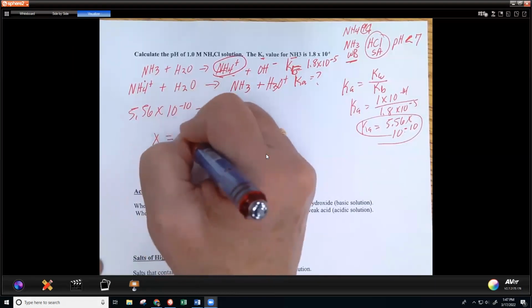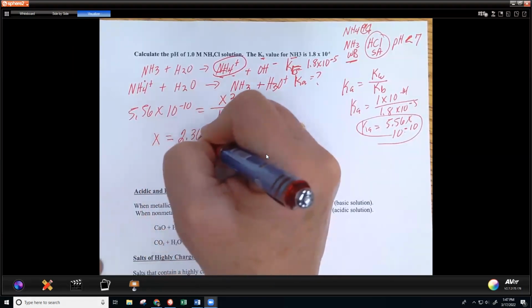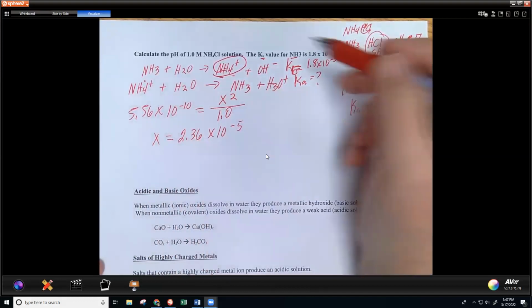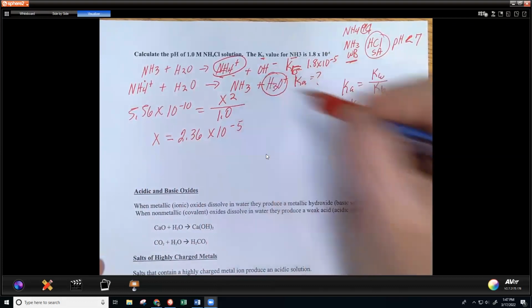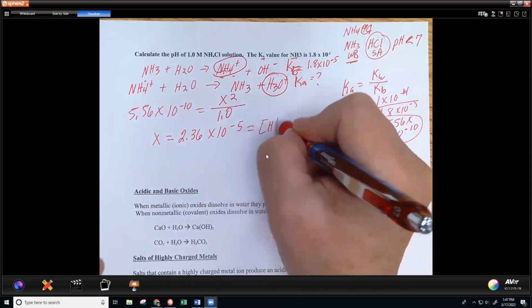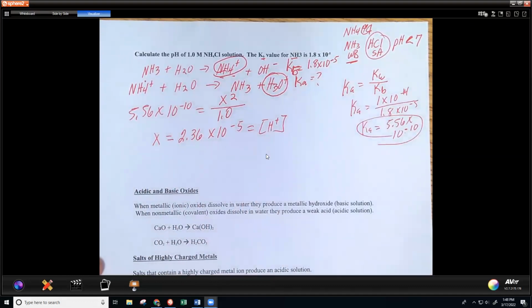So I end up with X is equal to 2.36 times 10 to the negative 5th. And that is my hydronium concentration. So this is equal to my H+ concentration.